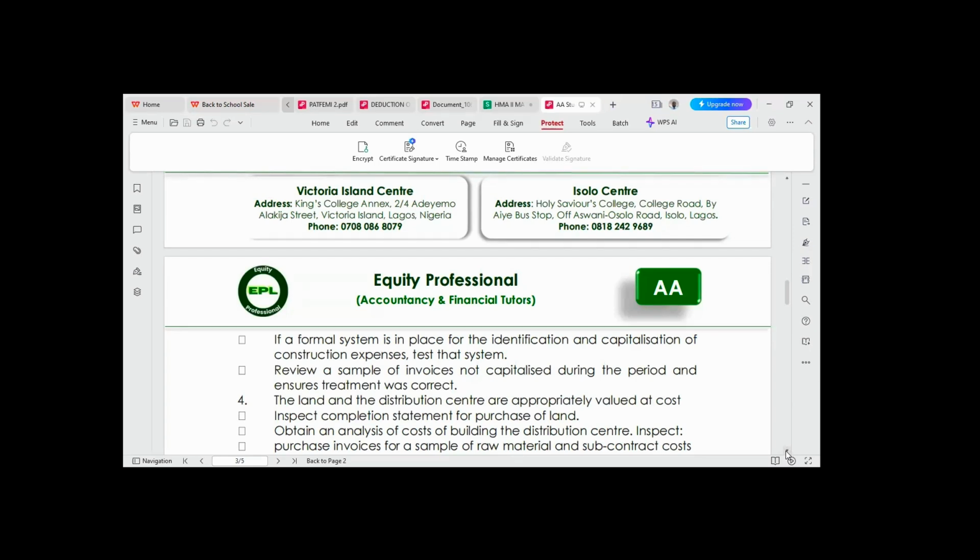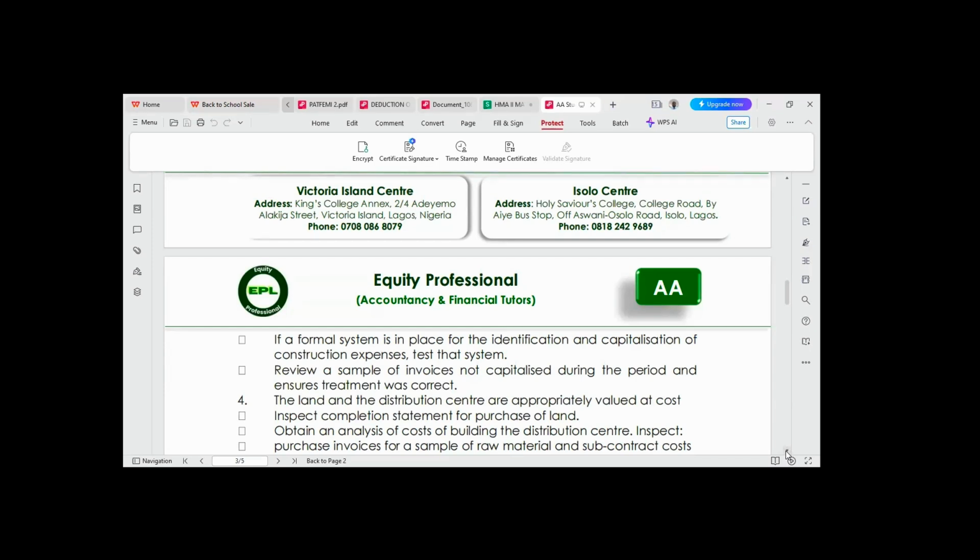The auditor will also obtain an analysis of the cost of building the distribution center. Okay. So all the costs incurred: cement, water, sand, iron rod, all of this will be requested by the auditor to substantiate that all of these costs actually go into the construction of this distribution center.